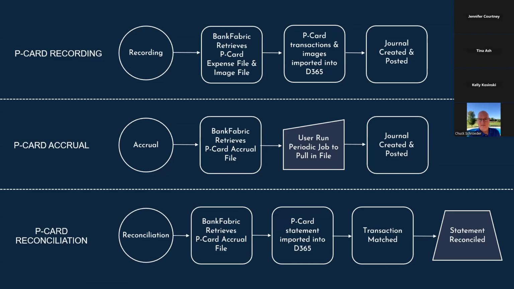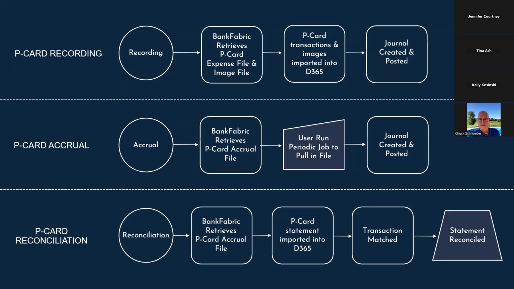The recording process begins after a user has coded and their expenses have been approved in their third-party system. At that point, the credit card provider will generate a file, often including transaction images. Actually, the images will be a separate file, and they'll place it in a designated location.